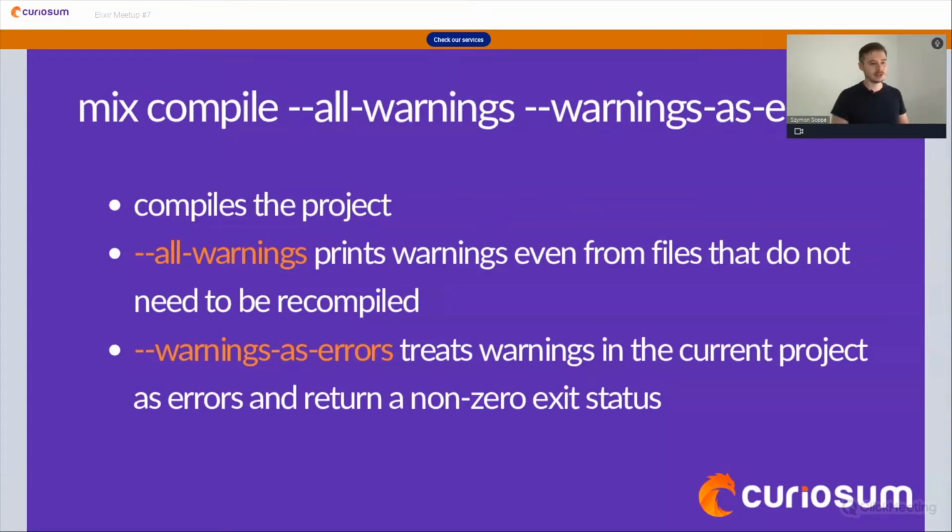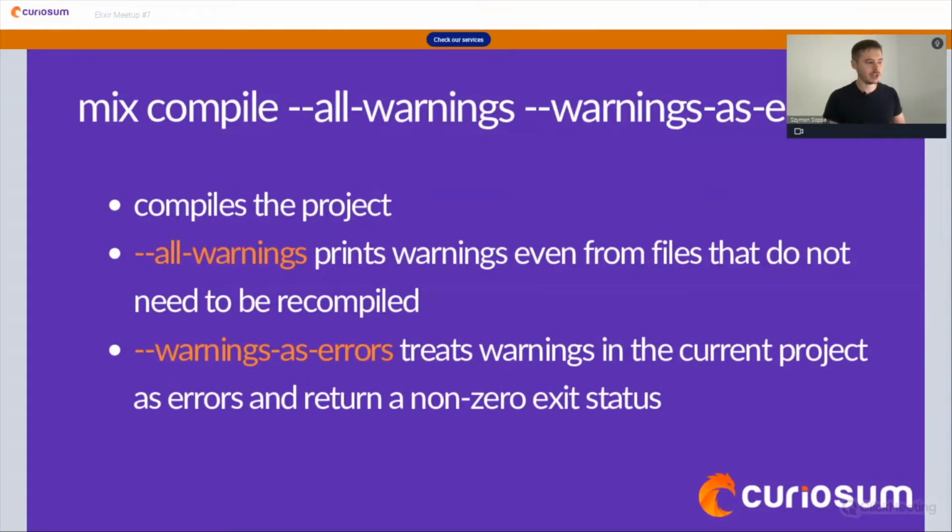And warnings as errors will treat every possible warning as something that stops compiling the project, because it's treated as an error, so your project will not compile with warnings. From my perspective, warnings are a pretty nice source of ideas on how to improve the code. Sometimes it's even information that something may break.